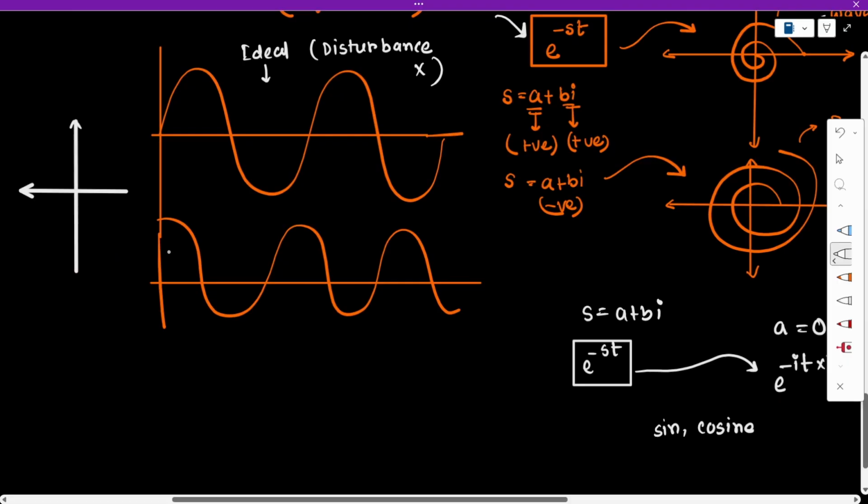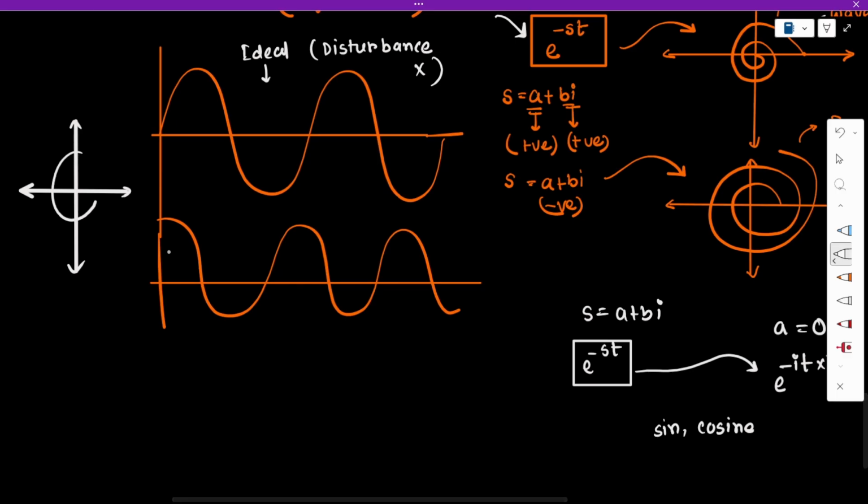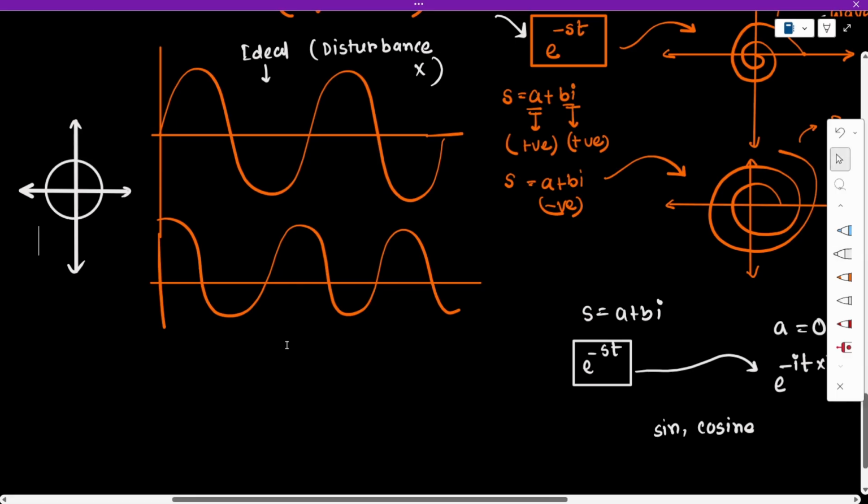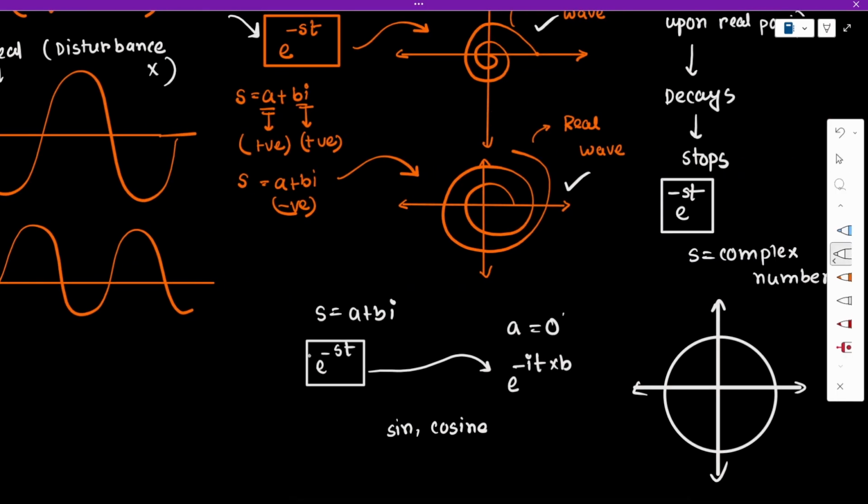So if we take a case where the real part is 0, then we get this sort of scenario, which is a scenario for an ideal wave, because we can express the ideal wave paths in circular motions.